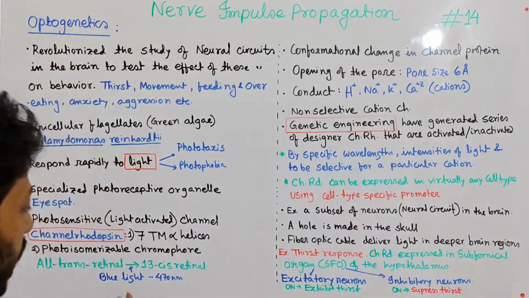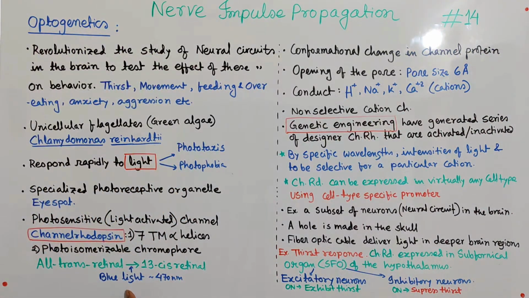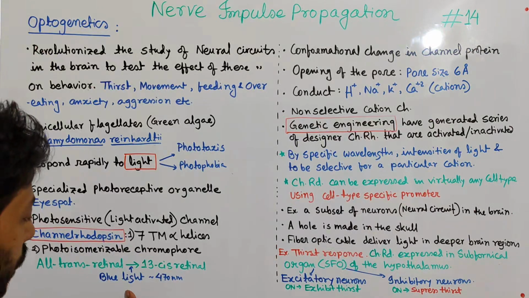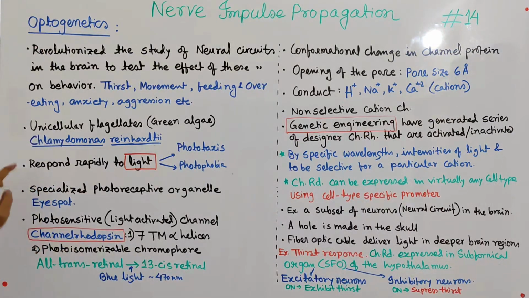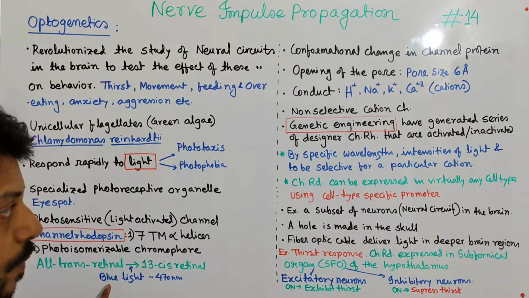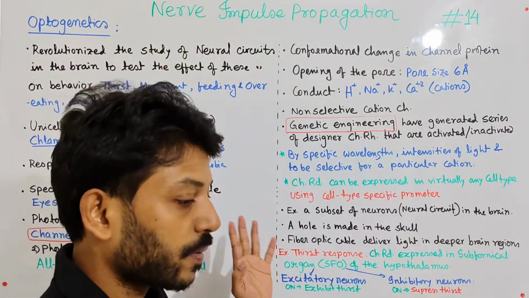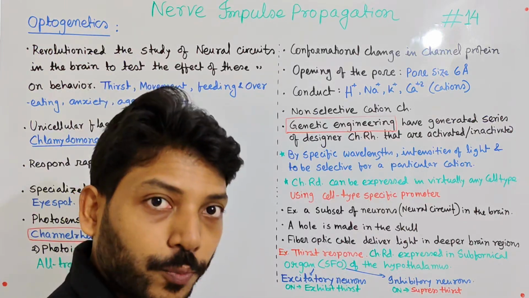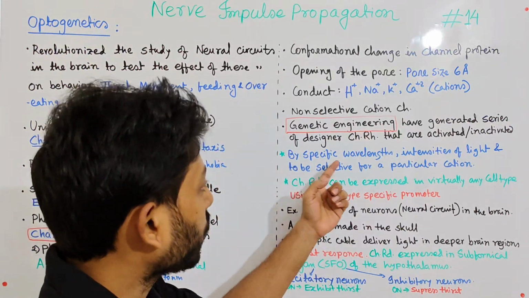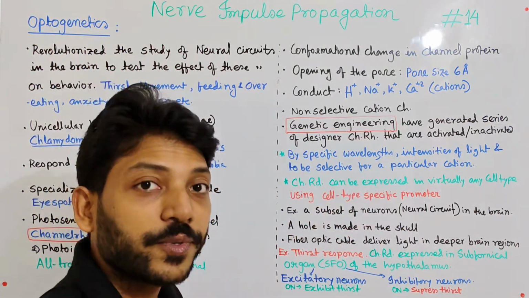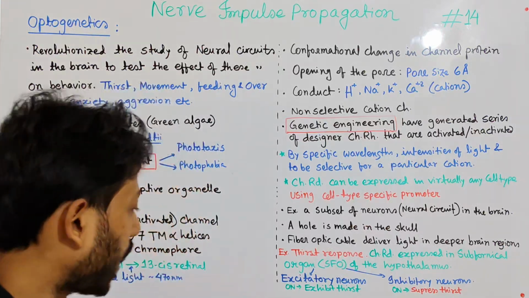As you can see, the natural channelrhodopsin found in Chlamydomonas reinhardtii can only absorb blue light, but by changing the amino acids of this protein, we can make it respond to any specific wavelength.